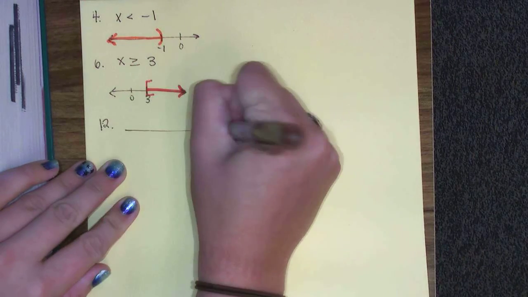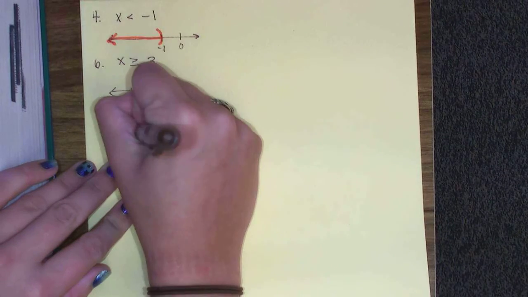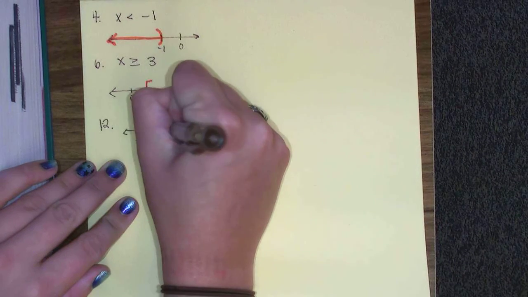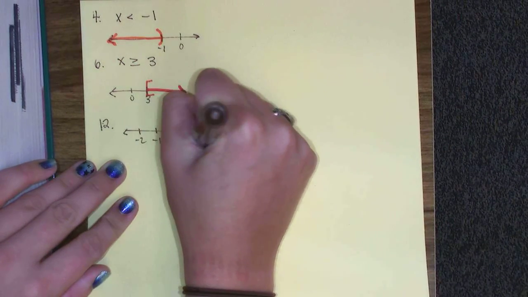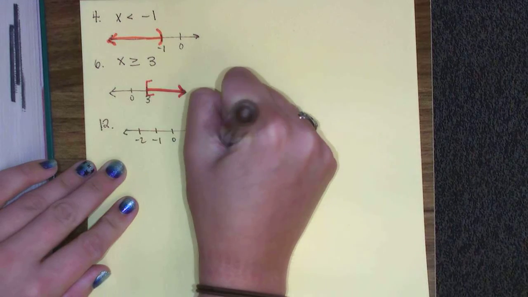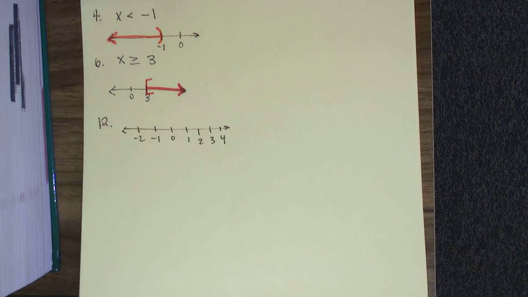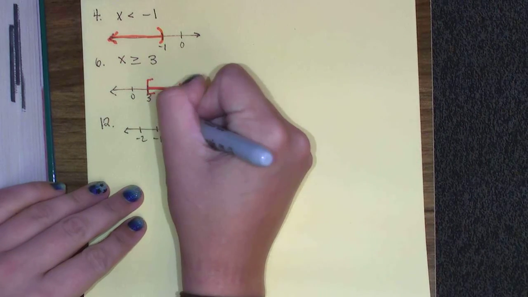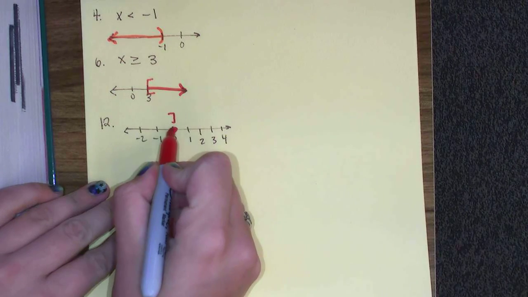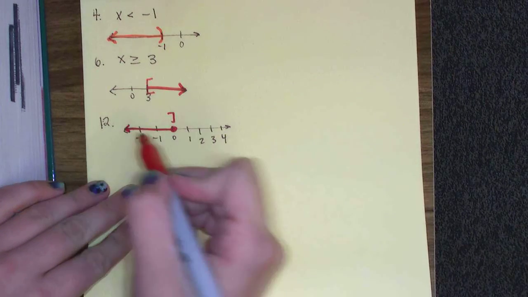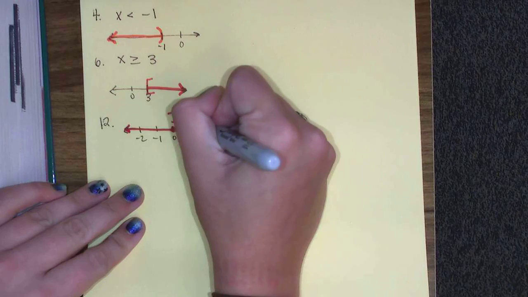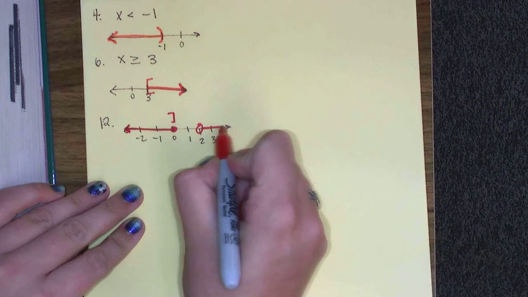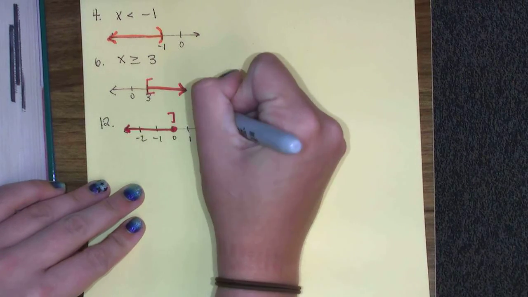So 12, you have a graph with -2, -1, 0, 1, 2, 3, and 4 on it. It has a closed circle, okay, which for us would be a bracket, and it's going toward the left. And then it's got an open circle at 2, going toward the right, okay, which for us would be a parentheses.